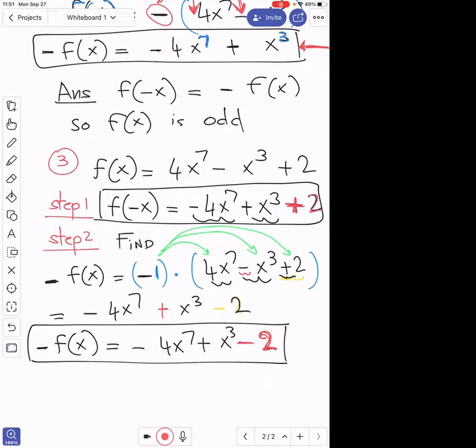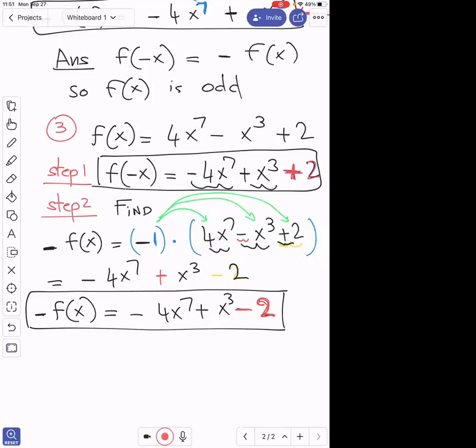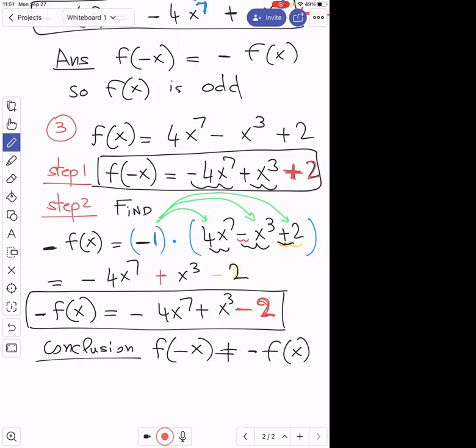They are different because of the plus or minus 2. So the conclusion is that f of minus x is different from minus f of x, and so f of x is not odd, just because of the constant.